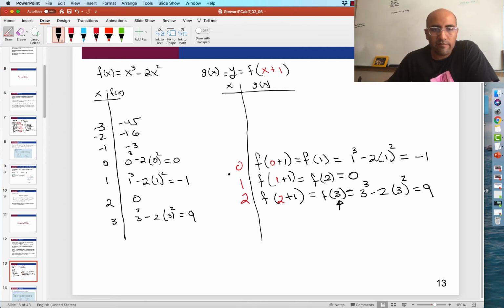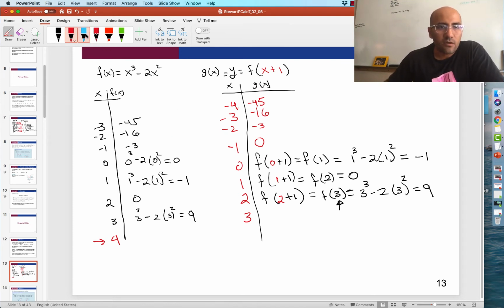So when I want to evaluate 3 in here, I know that the answer is going to be the result over here at 4, because it's plus 1. When I want to evaluate -1, I'd have to look at this table and find the value at 0, so I know that this is 0. At -2, this is the same as the answer of f of -1, so I know this is going to be -3. And then -3 leads to -16, and -4 is going to lead to -45.